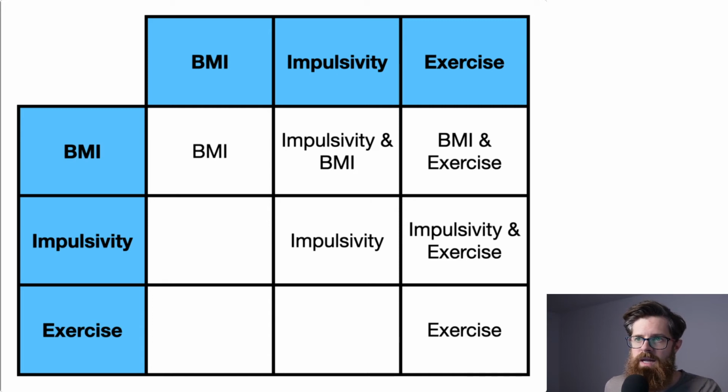So you can see here that if you have the seemingly modest task of talking about three core topics, in this case, body mass index, impulsivity, and exercise, you've actually gotten to this situation where you've got 6 possible things to talk about. And so it's going to be up to you to decide, are you going to talk about all of these things?